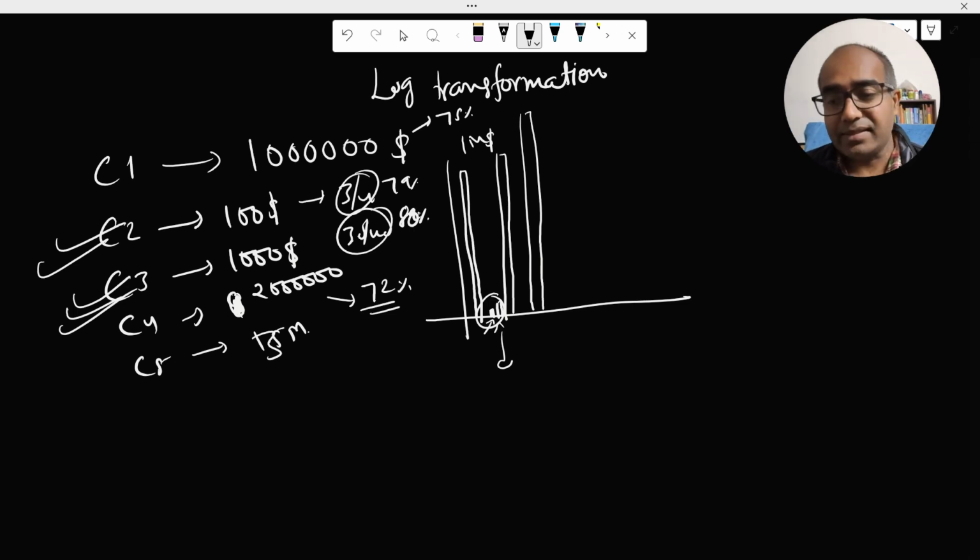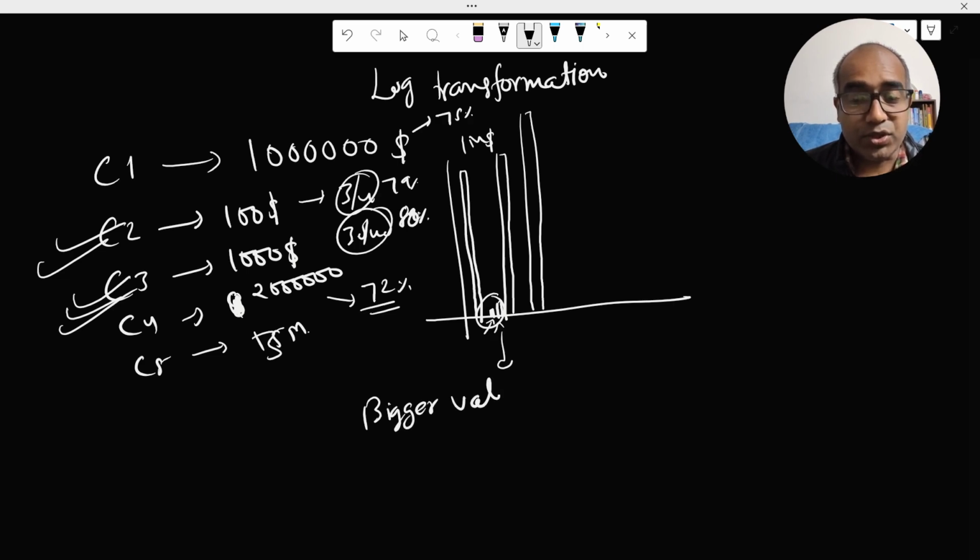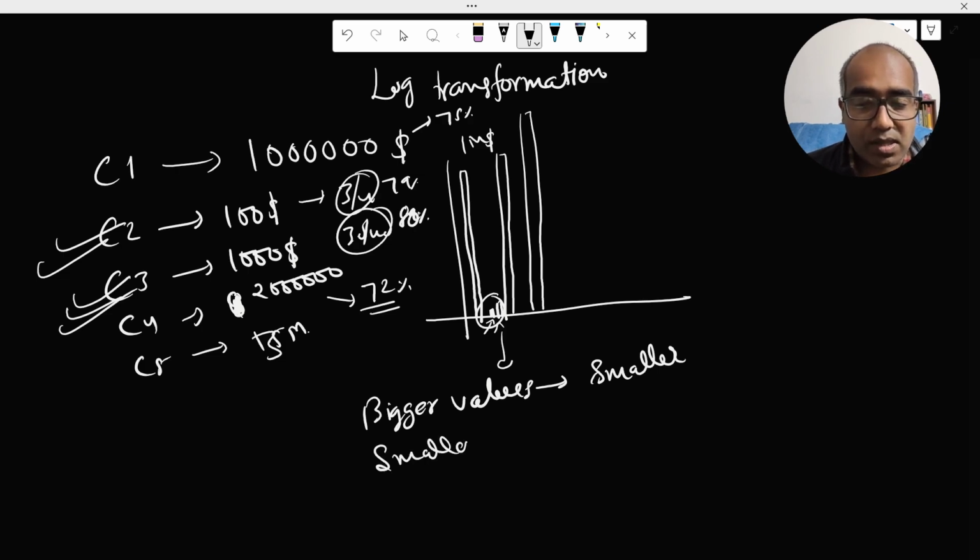So in this case, you need a kind of magnifying glass, which shows the bigger values as smaller and the smaller values as bigger.